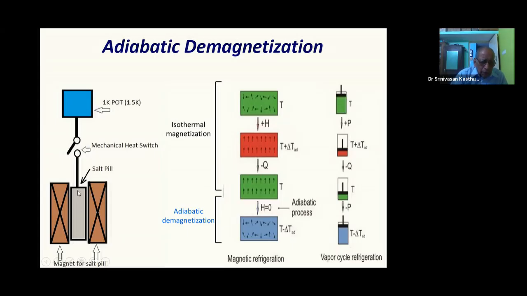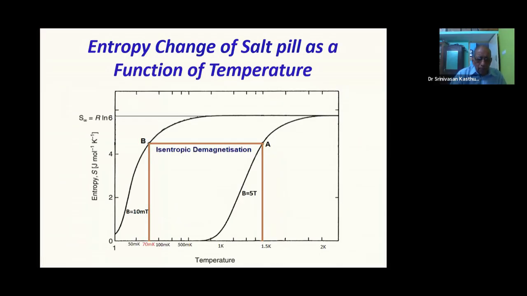So the spin temperature will be brought back to the original value of 1.5 K. Then you suddenly remove the magnetic field. When you remove it, the temperature of the spins will go down further, and you measure that it is lower than the original 1K pot. During that process, you disconnect the mechanical heat switch, during the adiabatic demagnetization process.